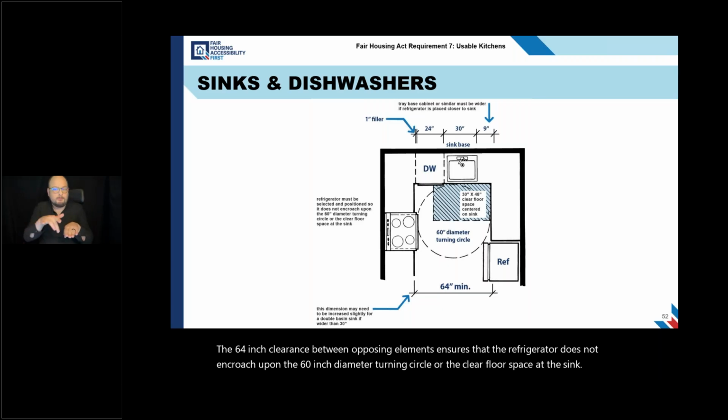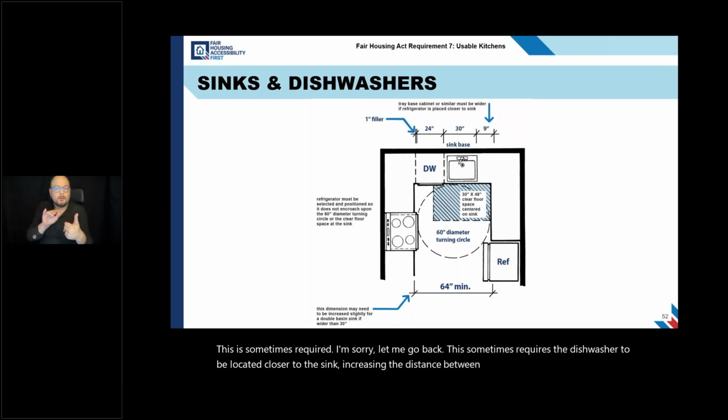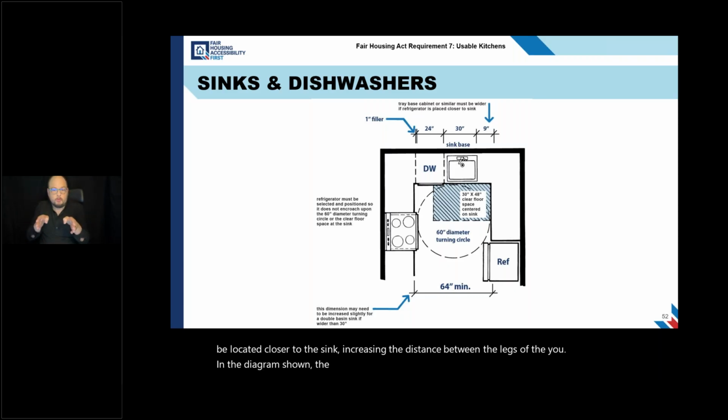This sometimes requires the dishwasher to be located closer to the sink, increasing the distance between the legs of the U. In the diagram shown, the refrigerator is pulled away from the sink and beyond the turning circle, as a refrigerator may not overlap the 5-foot turning space.